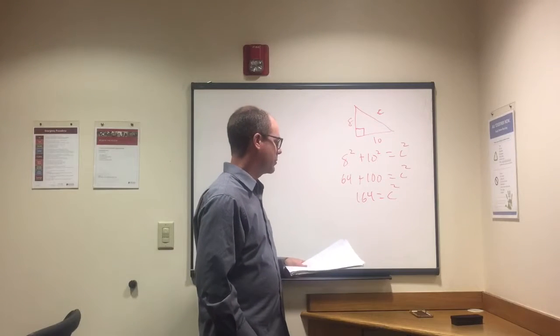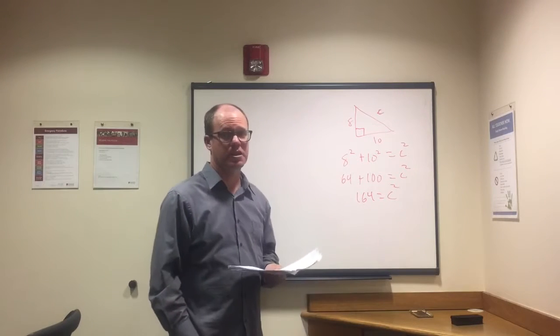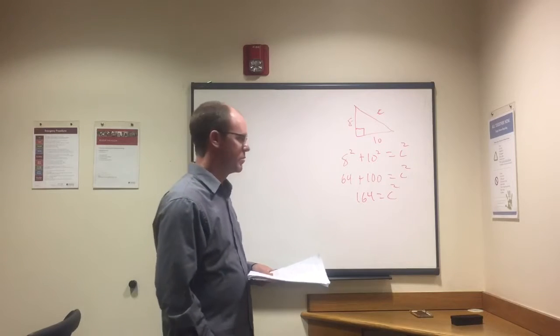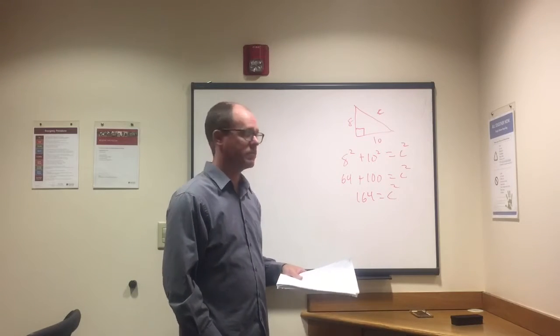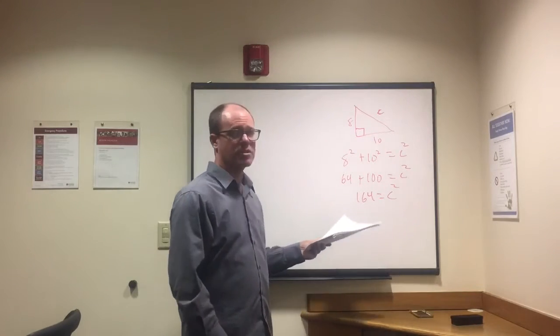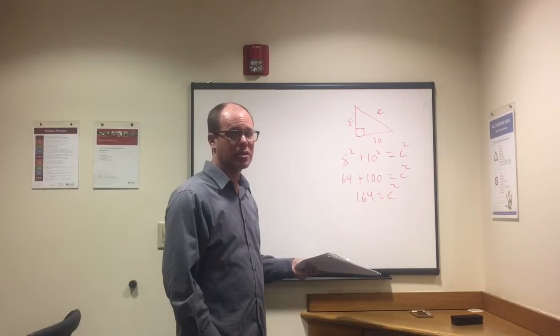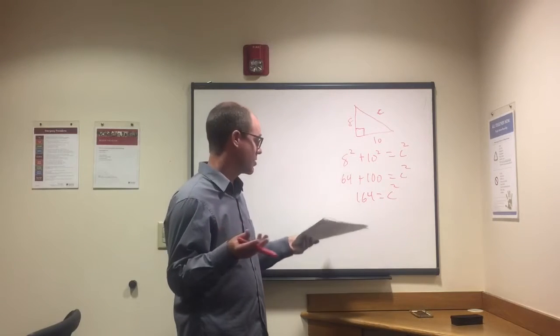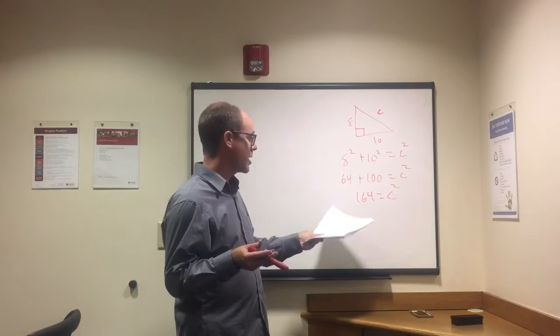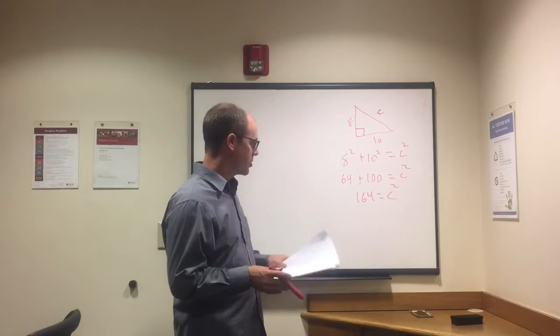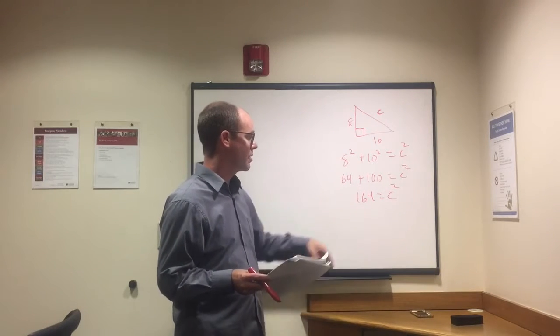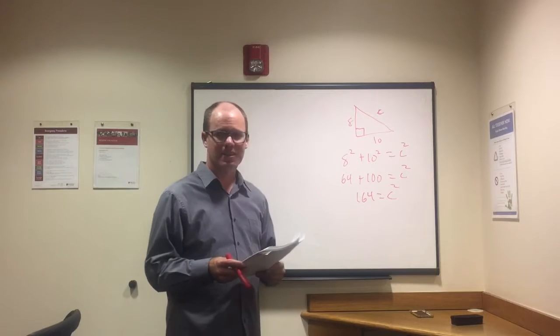Okay, and from here, you may not know what the square root of 164 is. You would like to kind of be able to know a few of these, like 12 squared is 144, so the square root of 144 is 12. 13 squared is 169. These are just things that you might want to memorize. They show up a lot, but if not, it's okay. So we can see 164 is probably just a little bit less than 13, right?